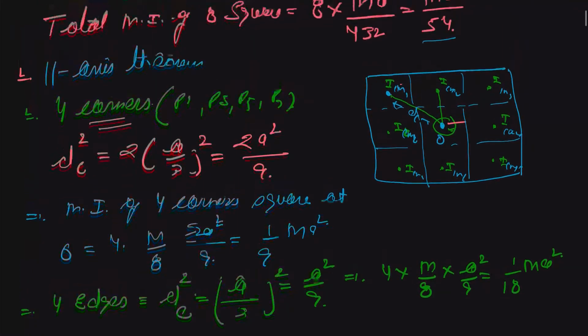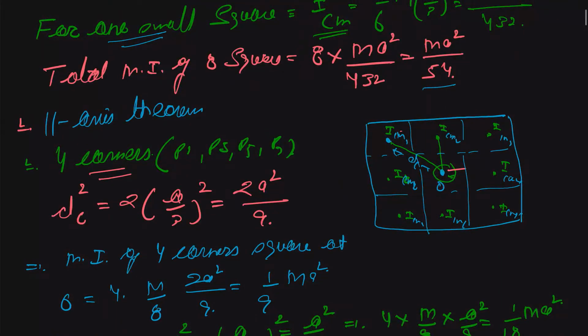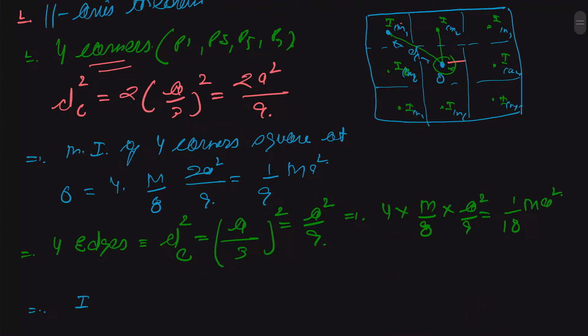One second, ma square by 54. Let me correct myself. So this is the moment of inertia of the 4 corner squares.